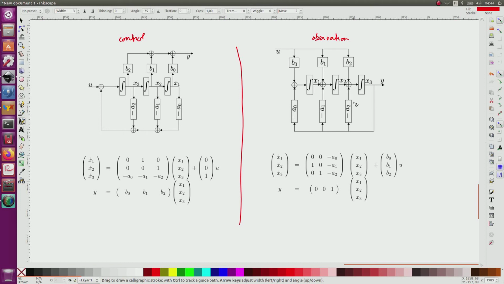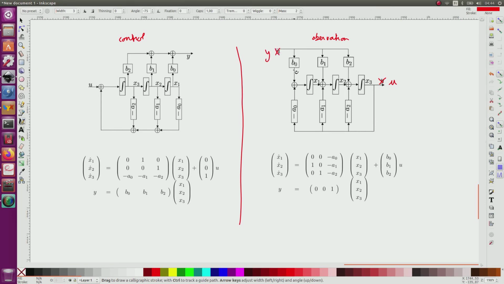First, I can see that I have the same structure in terms of chain, and on the wire I can see that I replace, for instance, the second one, y by u, u by y.